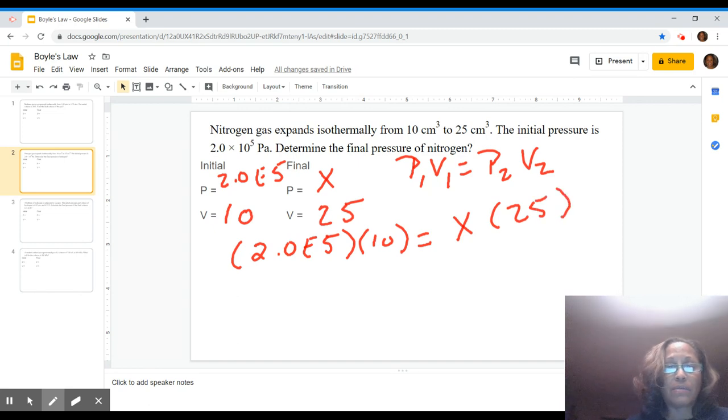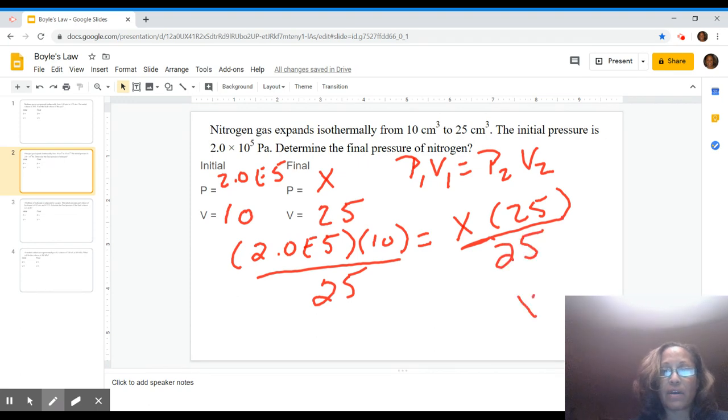All right. When you multiply this together, these two numbers are going to be divided by 25. And so X ends up being equal to 8.0 times 10 to the fourth. And the units, Pa.